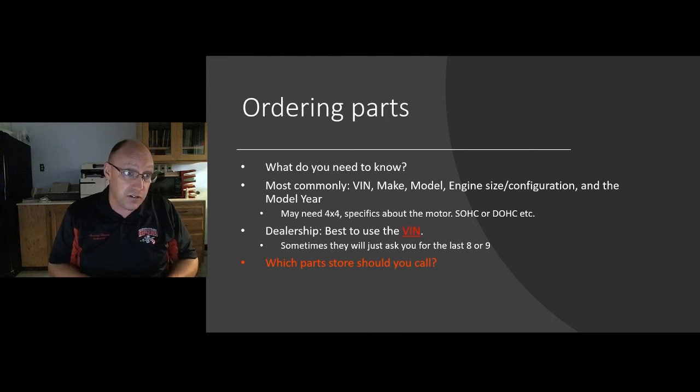BWD ignition, for example, which is Borg-Warner distribution, now is part of what's called Standard Motor Products. Those used to be two companies that competed against each other and supplied parts companies with their ignition parts. Now they're one company. You will find Borg-Warner ignition parts at O'Reilly and at CarQuest.